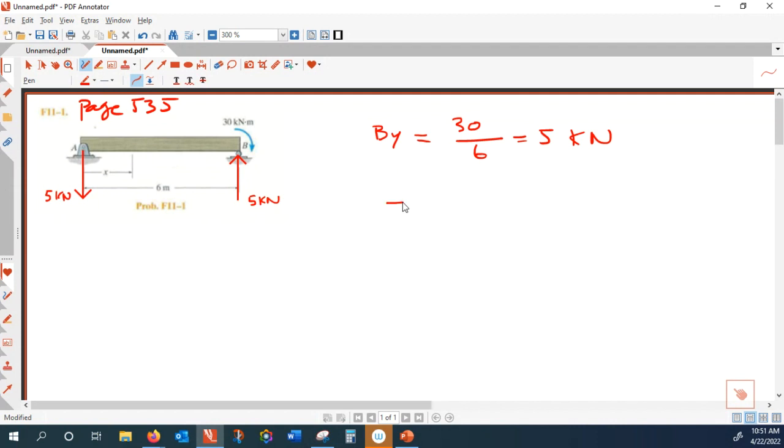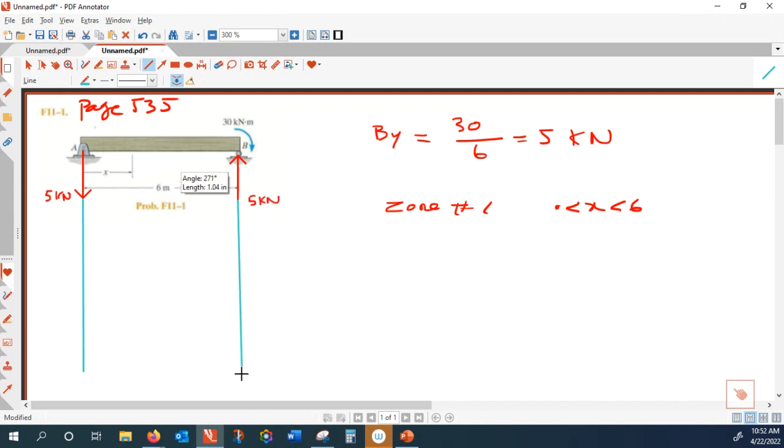So there is one zone. So let's define the zone, zone number 1. That is x changes between 0 to 6. And then I would like to start from V of x. So this is my V of x.